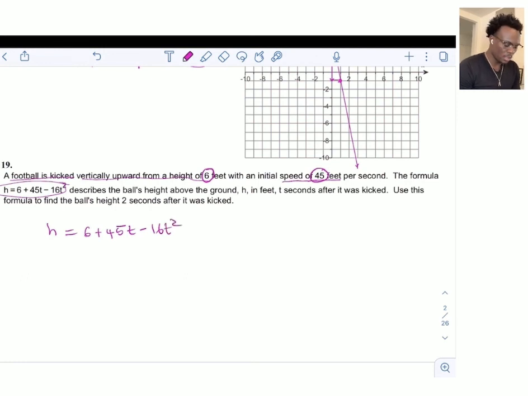This equation describes the ball's height above the ground.